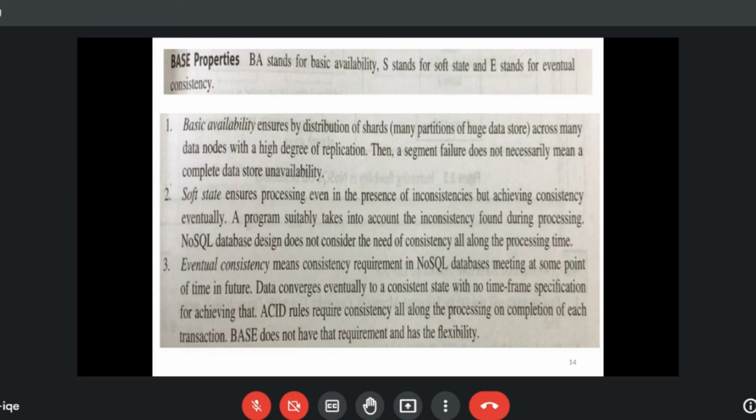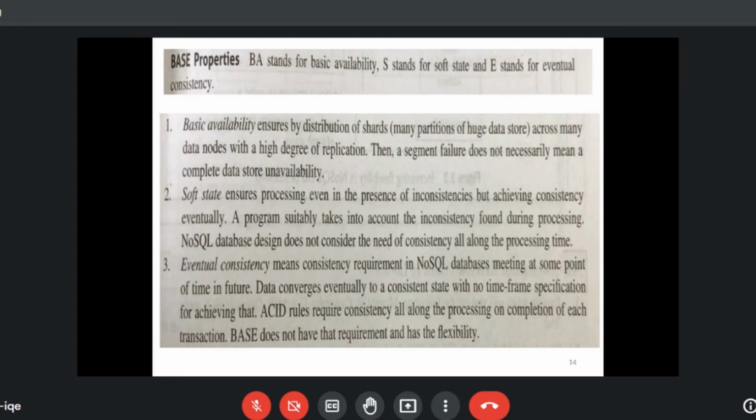Basic availability is ensured by distribution of shards. Sharding means we divide data into parts and we keep one copy or multiple copies. Shards are many partitions of huge data stored across many data nodes with a high degree of replication. Then a segment failure does not necessarily mean complete data store unavailability. Soft state ensures processing even in the presence of inconsistencies, but achieving consistency eventually.